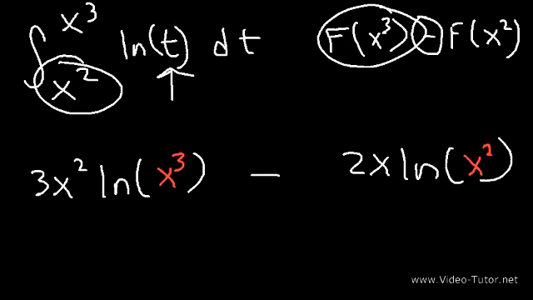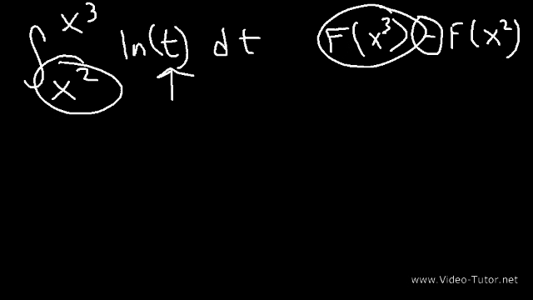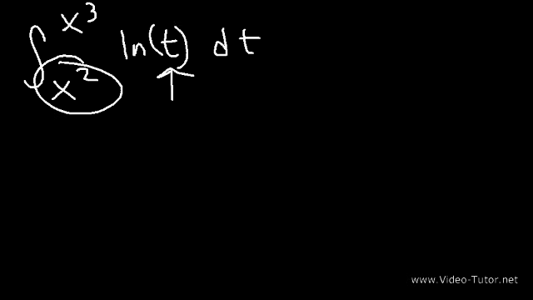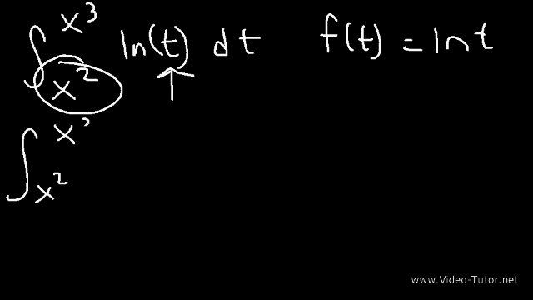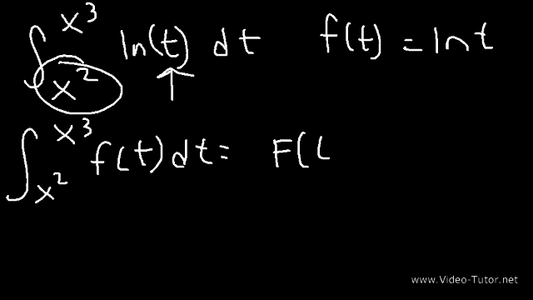Now let's prove it. So we're going to say f of t is ln t. So the integral of lowercase f is capital F. And now we're going to plug in these values.